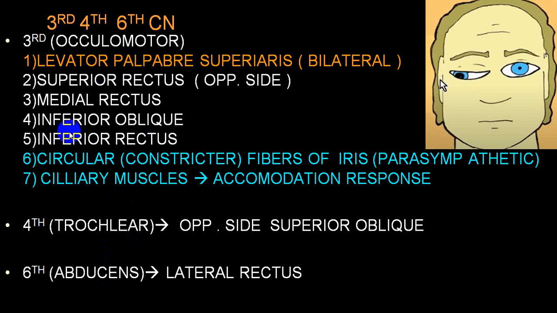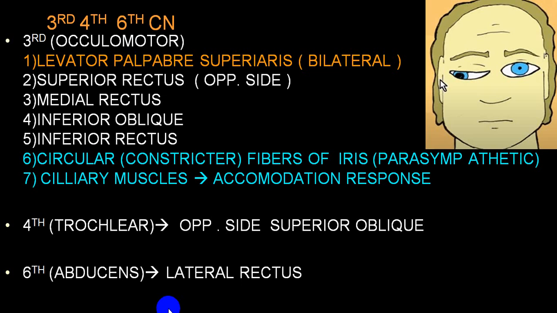So in general we use the mnemonic SO4 LR6 and AIR. SO4 means superior oblique, supplied by the fourth cranial nerve. LR, that is lateral rectus, supplied by the sixth cranial nerve. And AIR means all the remaining muscles are supplied by the third cranial nerve.